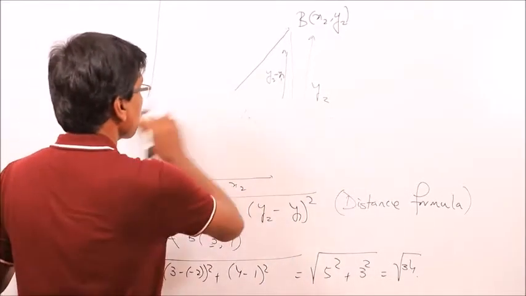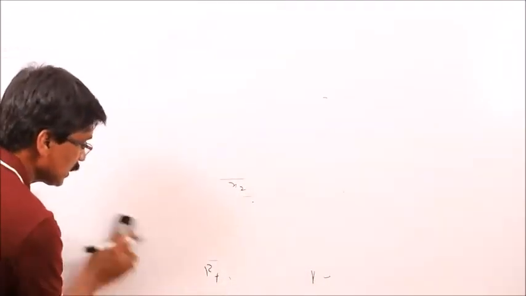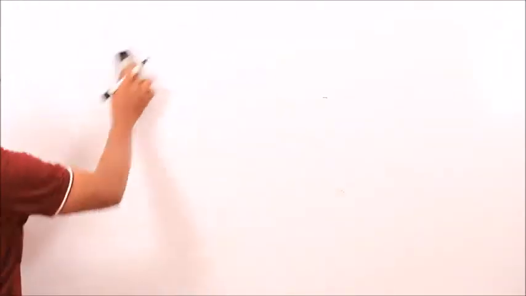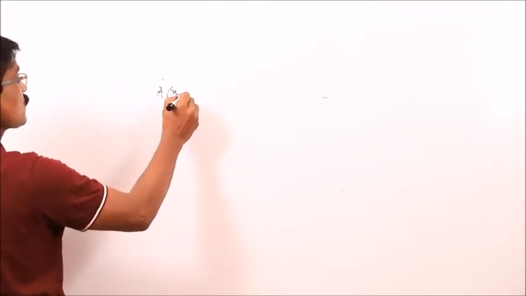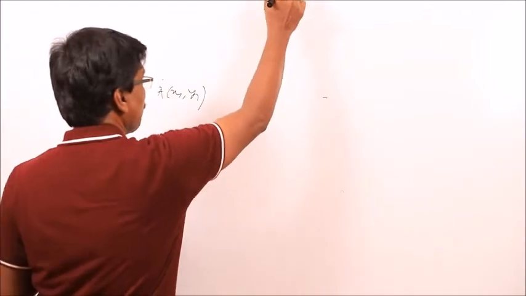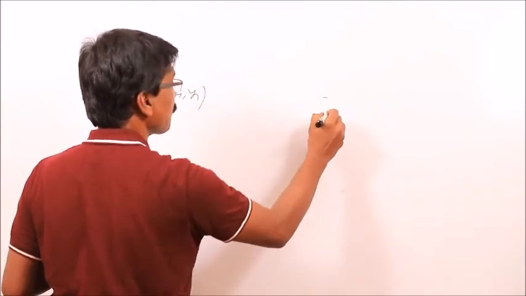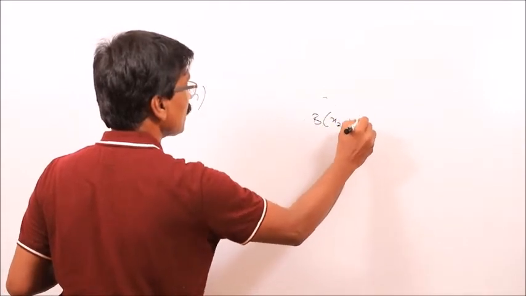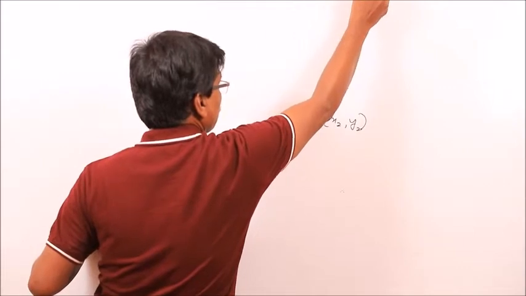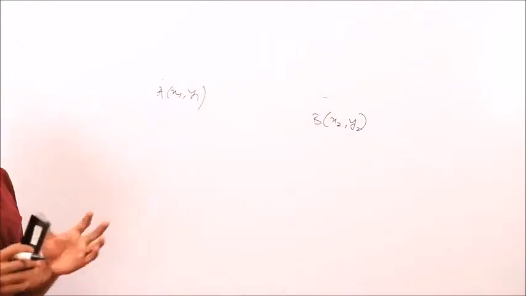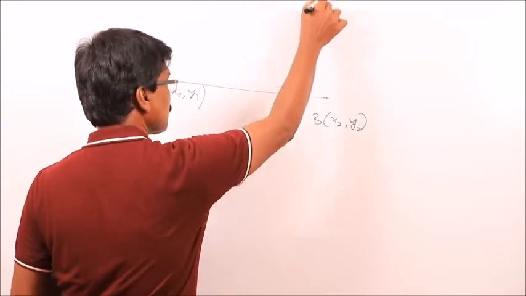Next, if we have 3 points, suppose A x1, y1, B x2, y2 and C having coordinate x3, y3, then by 3 points we can draw a triangle ABC.